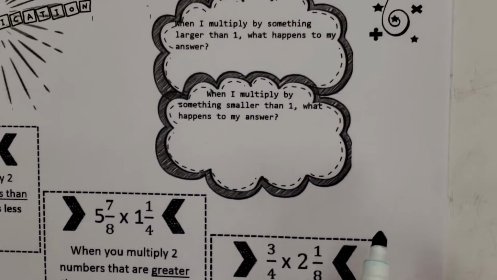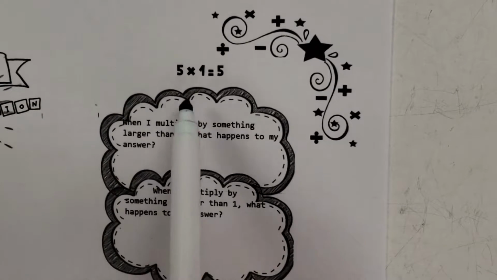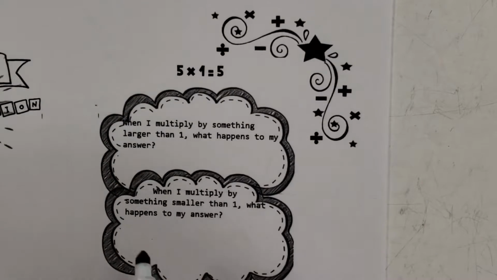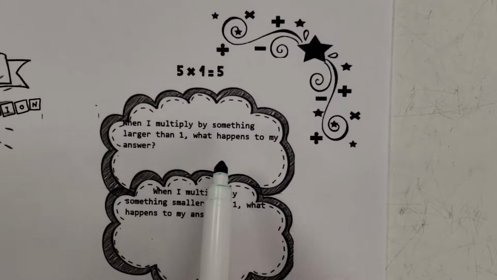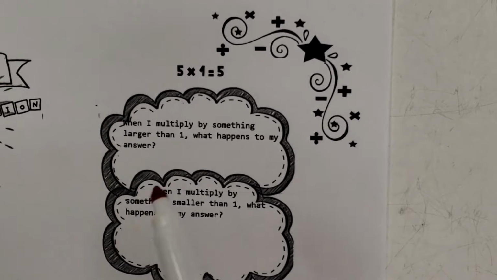Okay, next page here. There's not a lot of writing, okay, but a couple of big ideas to think of. Here I have 5 times 1 is 5. If I multiply something larger than 1, if I multiply 5 times 2, 5 times 3, 5 times 4, what happens to my answer? It gets larger.